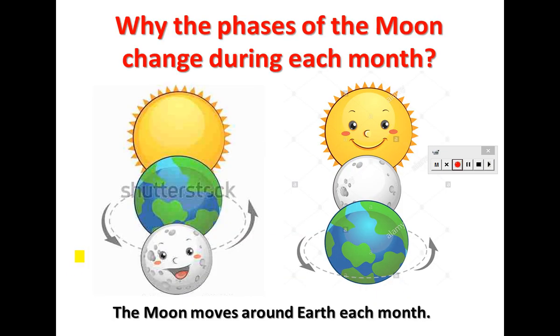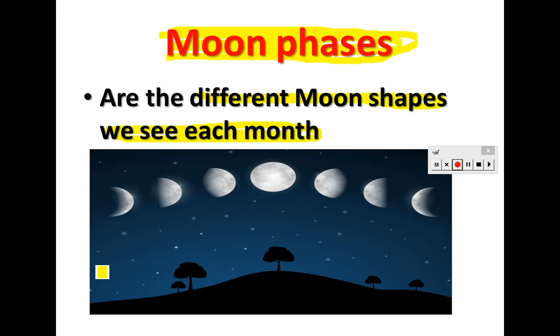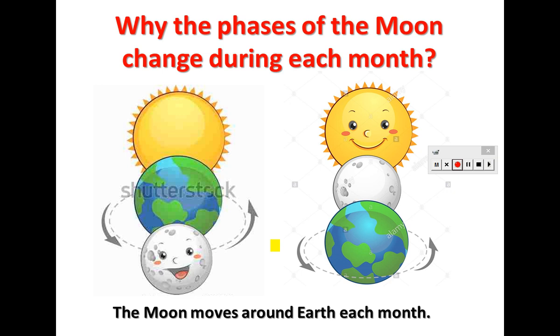But the question that is going through your mind right now, why do the shapes of the moon change? Why do we see different phases of the moon throughout the month? Why, Miss? What exactly happens? I will tell you. Last time we said the moon is moving around Earth.